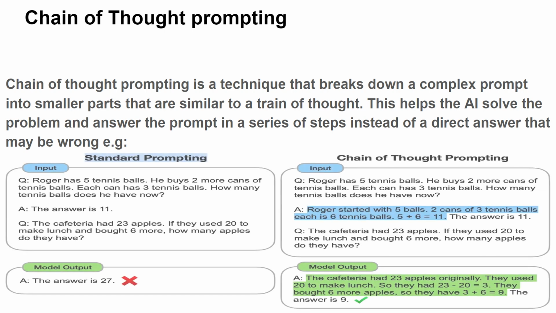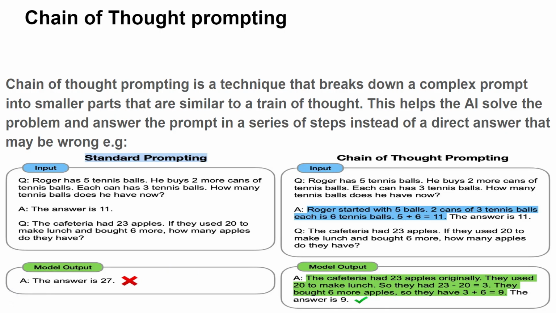For example, as we can see here, this is a standard prompt where you give it the question, the answer, and after that you give it the question that it should answer. And as you can see, as a result of the lack of explanation of how the answer was achieved, it's given us a wrong answer.